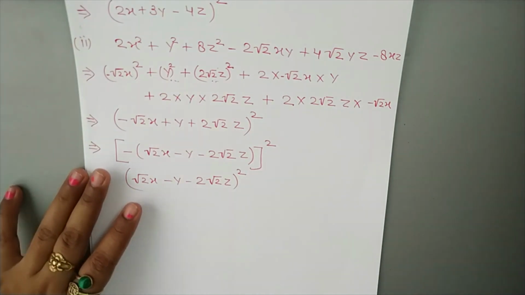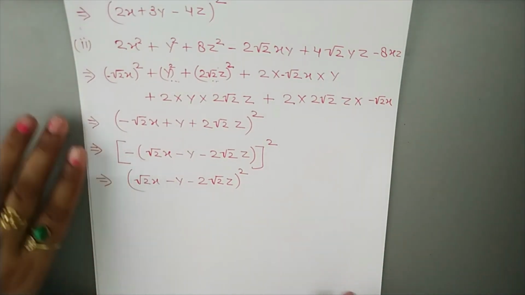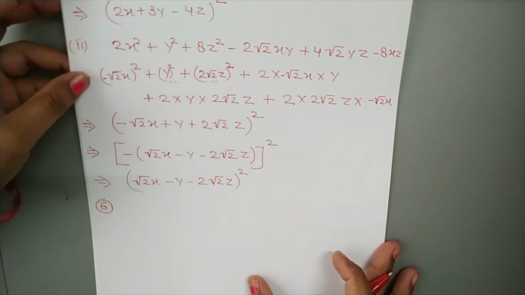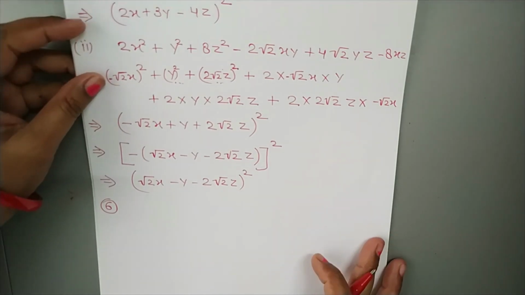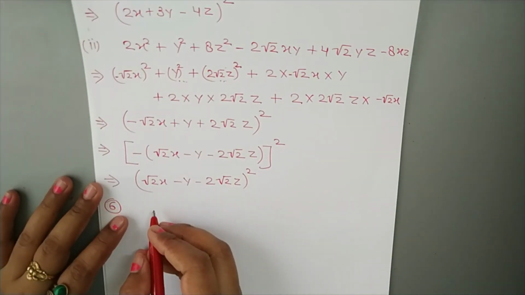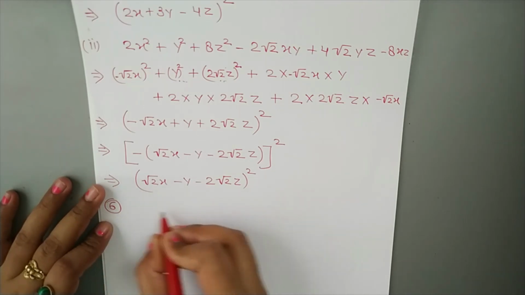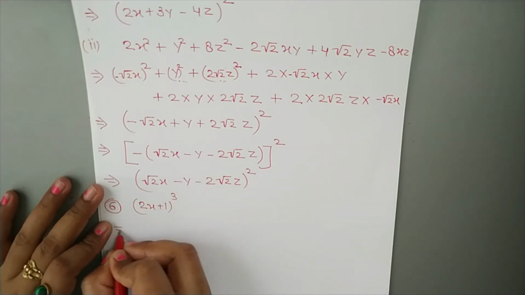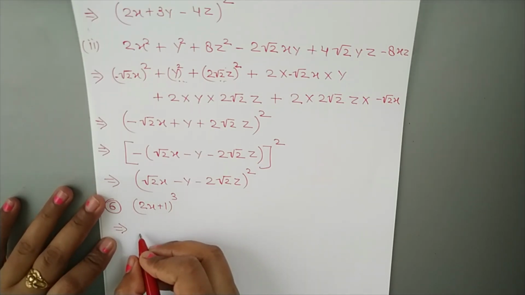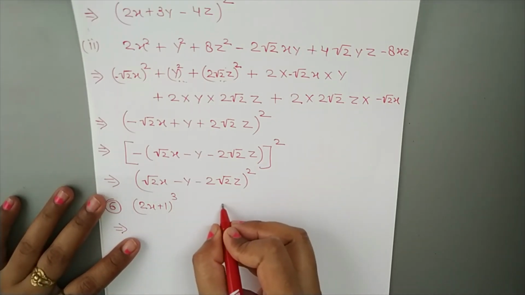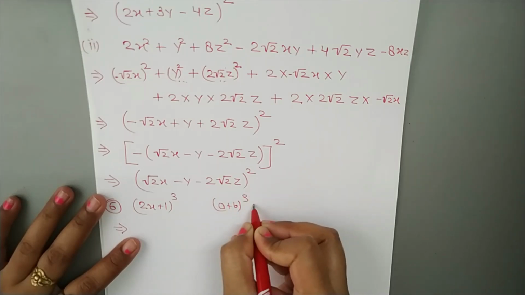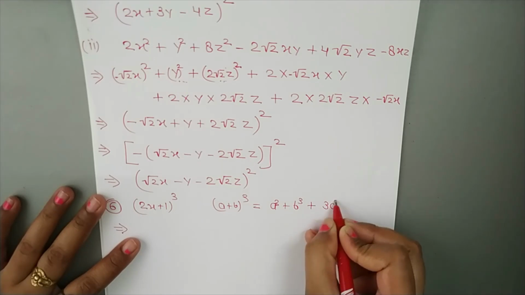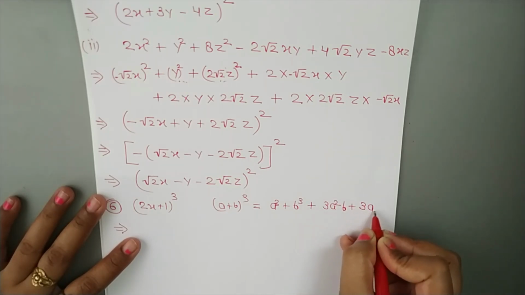Now next question is question number 6. Write the following cubes in expanded form. So 2x plus 1 whole cube. We know that a plus b whole cube will be a cube plus b cube plus 3a square b plus 3ab square.